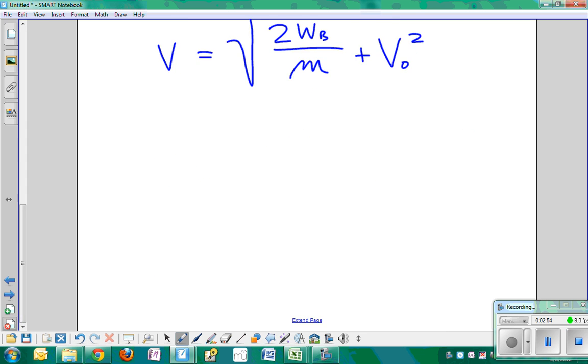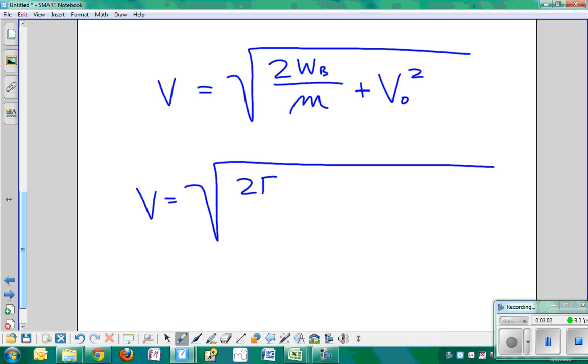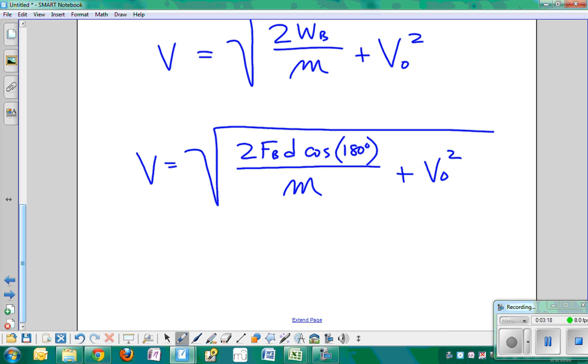So now, substituting, velocity is equal to the square root of 2 times the force of the brakes times the displacement times the cosine of the angle between them, which we'll just go ahead and remember is 180 degrees, over the mass of the truck, plus v naught squared. That's our initial velocity.